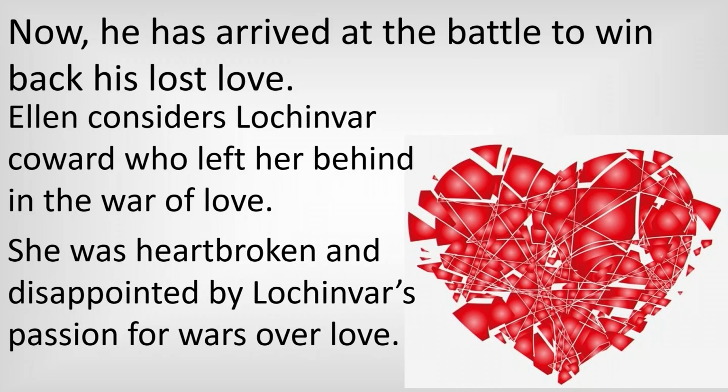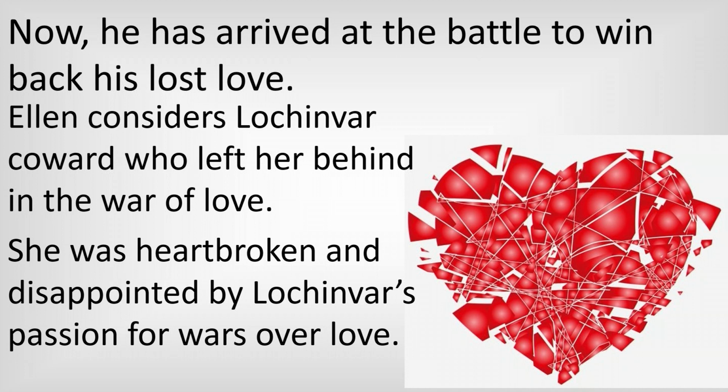Ellen considers Lochinvar a coward who left her behind in the war of love. She was heartbroken and disappointed by Lochinvar's passion for war over love. So here Ellen thinks that Lochinvar is a coward.